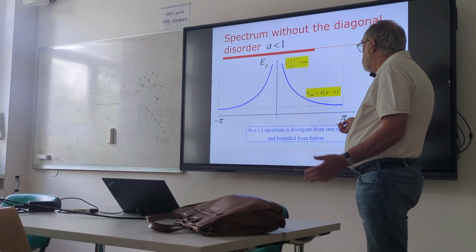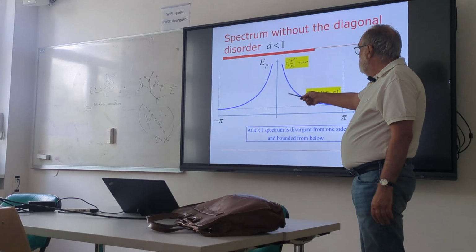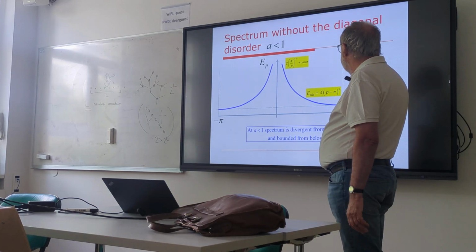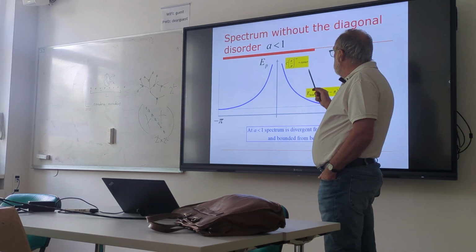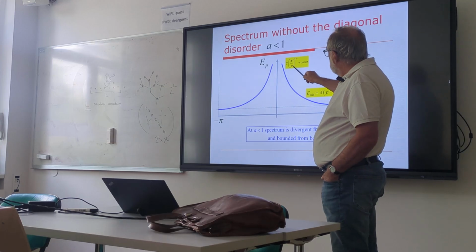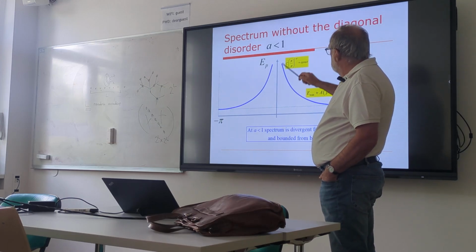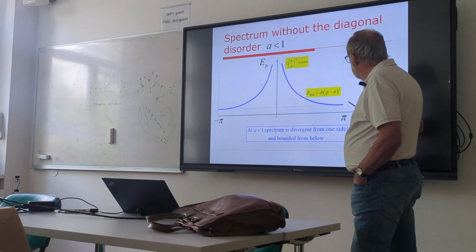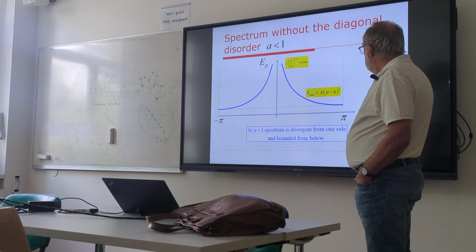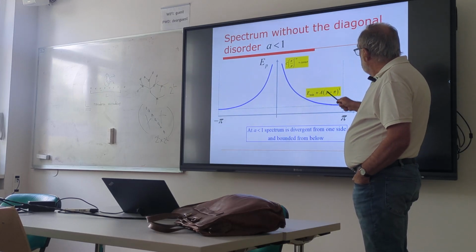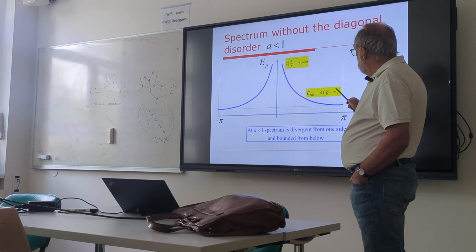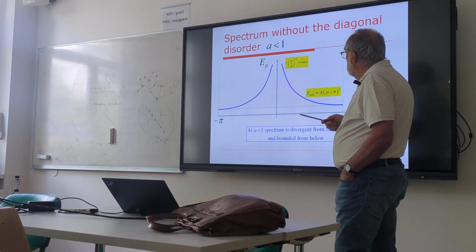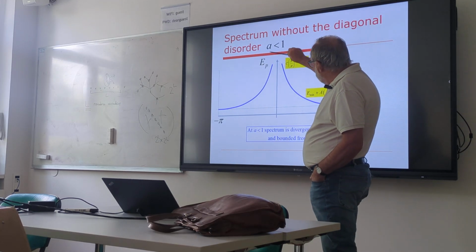I consider the physics unchanged, but what was the lower bound becomes the upper bound, and so on. What is important is that the spectrum here is a power which is not an integer one, but close to momentum pi it is quadratic. So the important thing is that the spectrum diverges from one side.